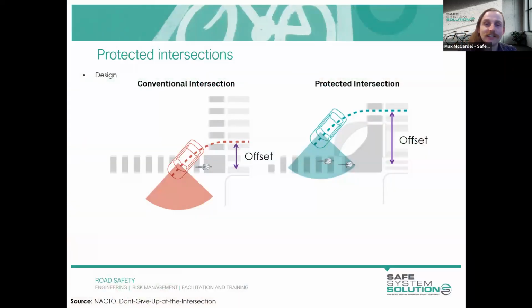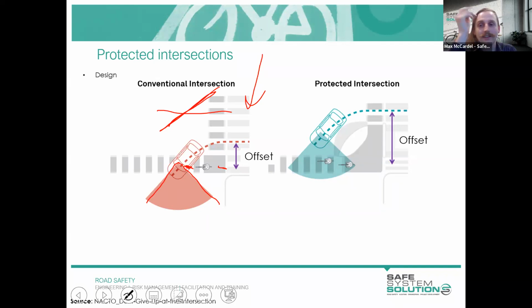So in a conventional intersection that we've shown here on the left-hand side, traditionally, cyclists would be placed right up, hard up against the traffic lane, or the left-hand turn lane. And what that means is when you do have a left-turning vehicle, you've got this awkward angle that they're crossing over at. So it's kind of like an angle like this.